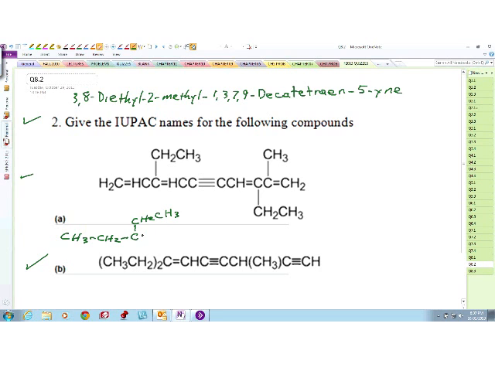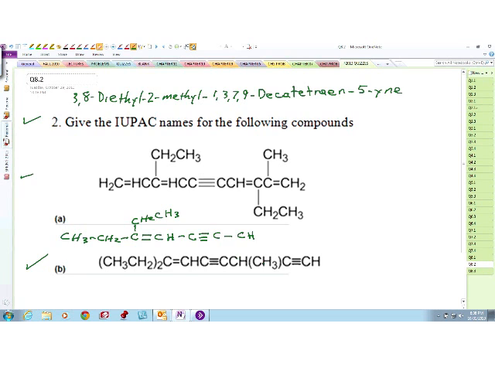And then that carbon is a double bond carbon. Then it's CH. Then we have a triple bond carbon attached to another CH.